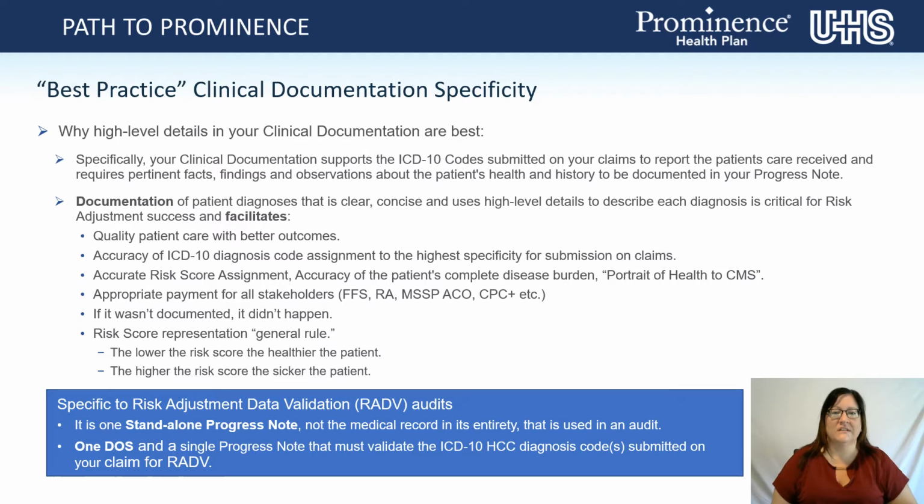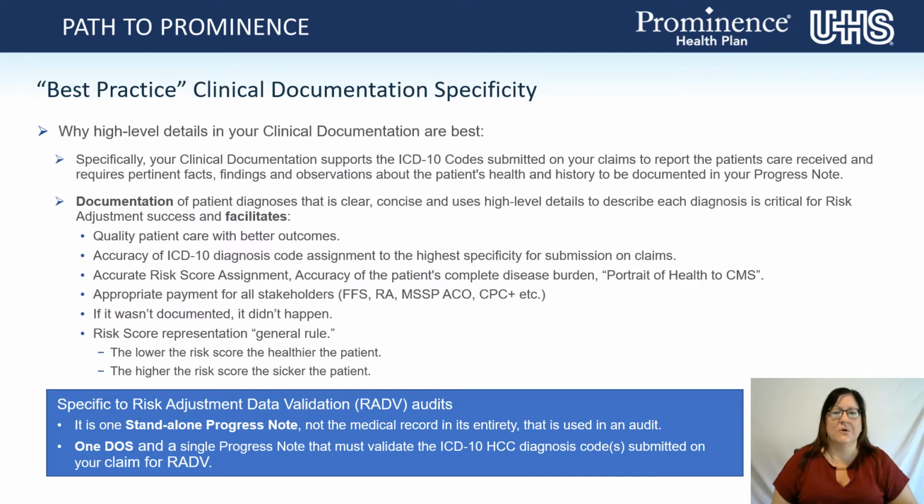It also facilitates quality patient care with better outcomes, accuracy of ICD-10 diagnosis code assignment to the highest level of specificity for claim submission, accurate risk score assignment, accuracy of the patient's complete disease burden, a portrait of health to CMS.